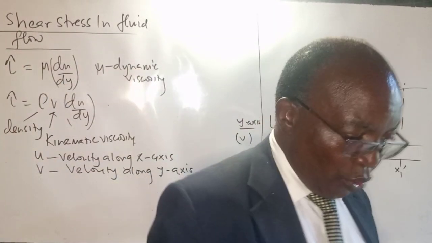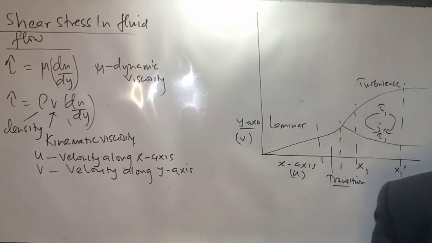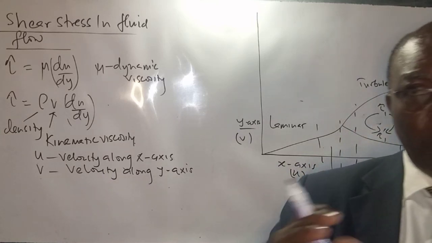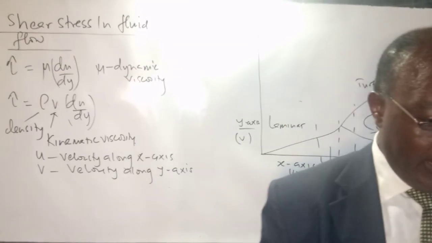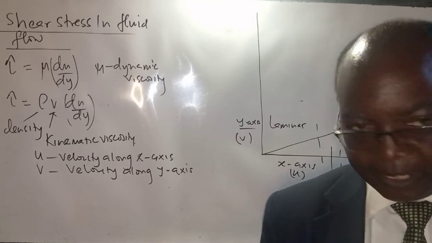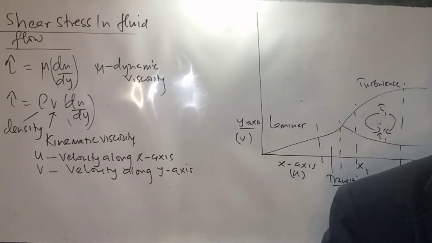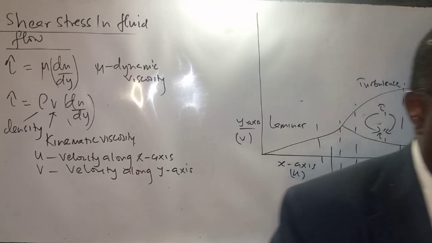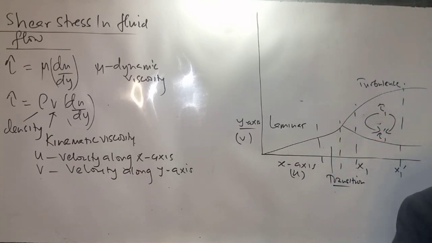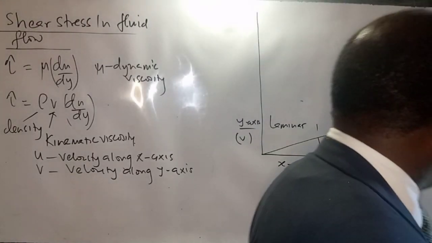Now, how do you go about developing these expressions? Now, in the turbulent region, we have said that the velocity varies. And so, because of those perturbations resulting from the eddy currents within that particular system, we will have the variational component of the velocity which is resulting from that perturbation of the fluid flow system in that turbulent region.